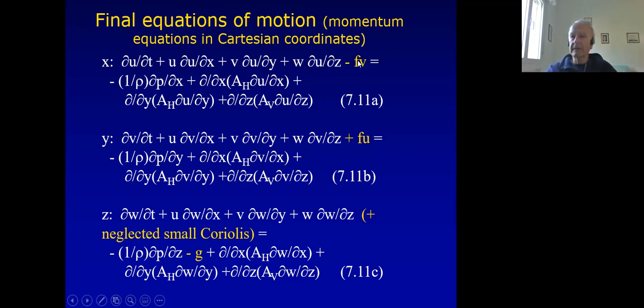You have the Coriolis force, the pressure gradient force, and here are the frictional terms. And the same equivalent thing is in the y, and then there is this vertical component.